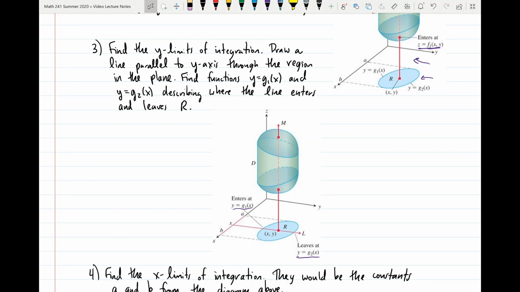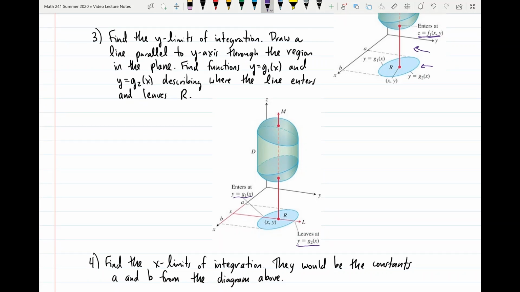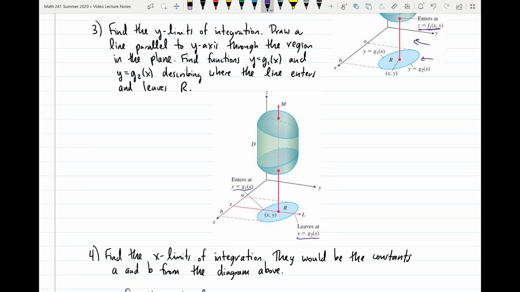We're going to draw a line that is parallel to the y-axis that goes through the region in the plane. The goal here is to find a function in x that expresses where that line is entering the region R, and a function in x that describes where that line is leaving the region R. So here we have y equals g sub 1 of x and y equals g sub 2 of x.